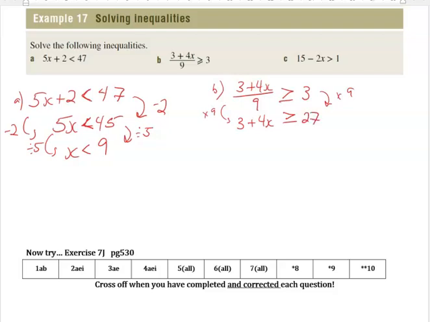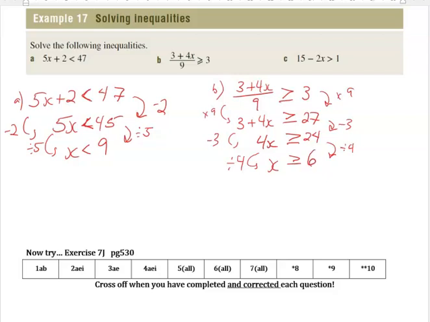And remember, I'm trying to untie and undo everything that's happening to the x. I haven't had to do any swapping or changing of sides yet because we're dealing with positive stuff. If I take 3 off this side, I'm left with 4 x's being greater than or equal to, take 3 off that side, 24, and you can probably see where this is going. 4 x's divided by 4 gives me 1x is greater than or equal to 24 divided by 4, 6.